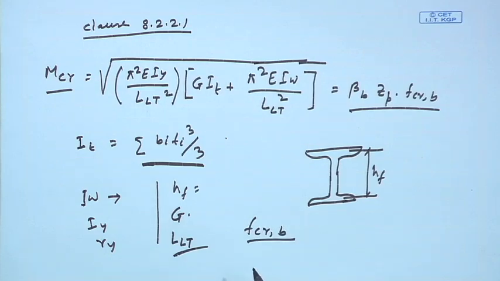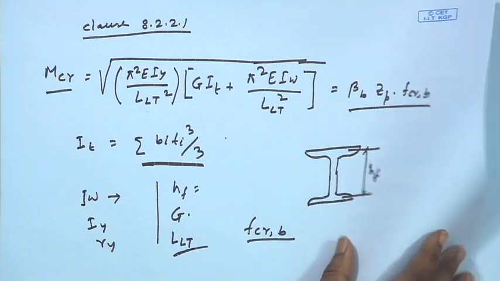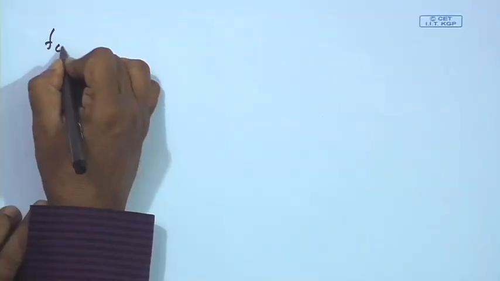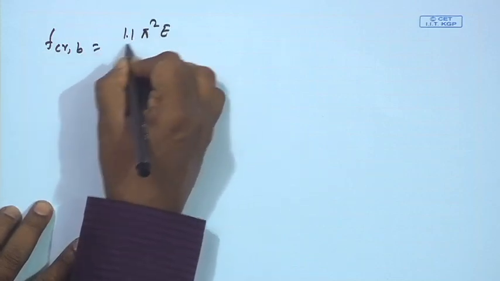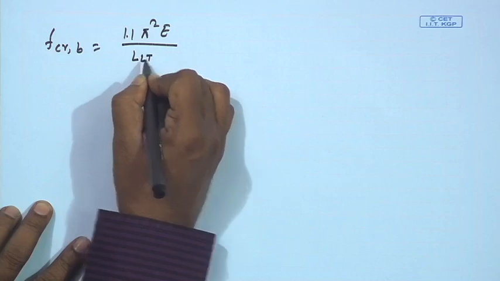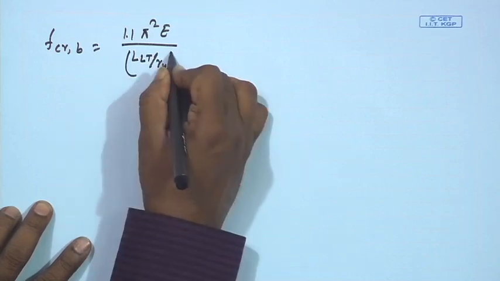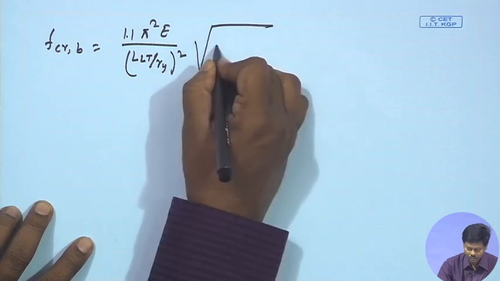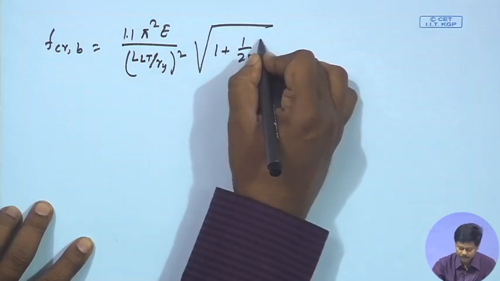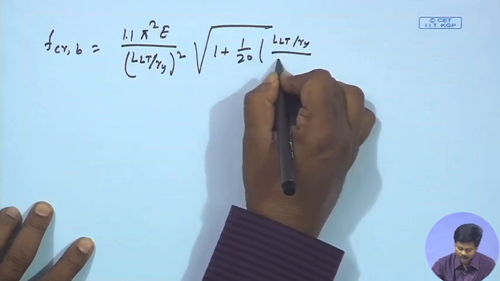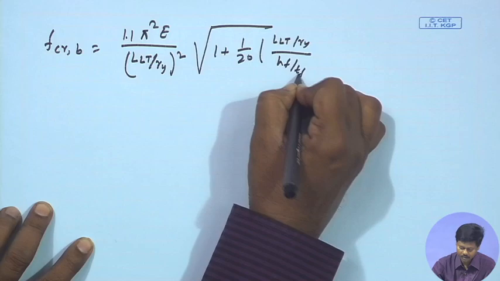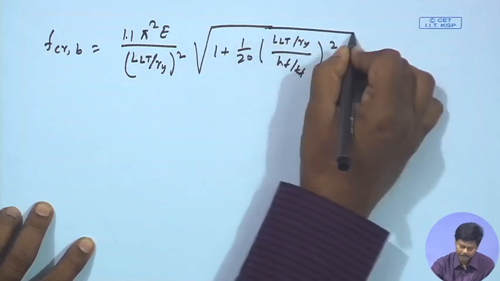FCRB is the extreme fiber bending compressive stress corresponding to elastic lateral buckling moment, and this FCRB can be expressed like this: 1.1 pi square E by LLT by RY whole square into 1 plus 1 by 20 LLT by RY by HF by TF whole square, right.